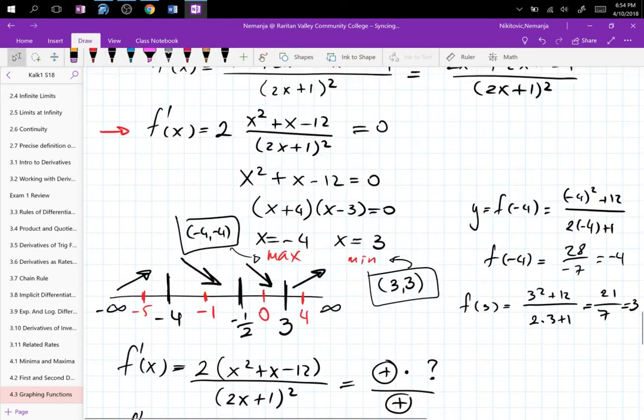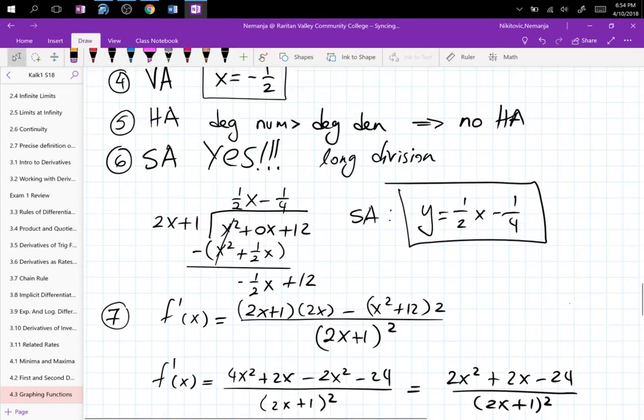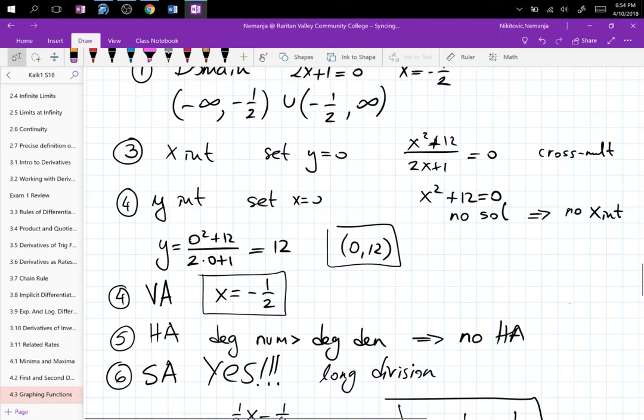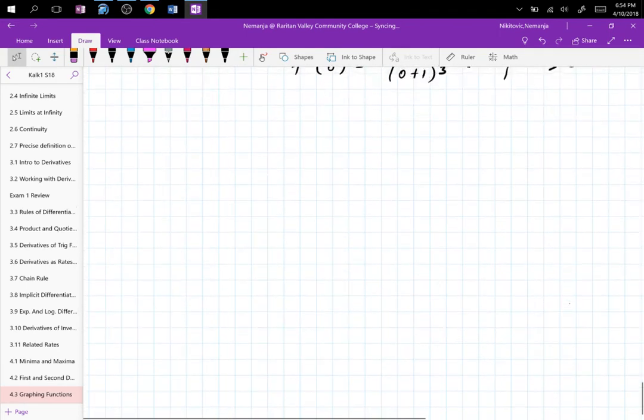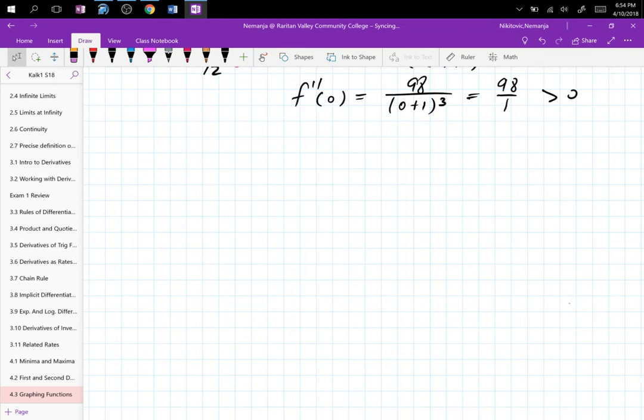What is the highest point and the lowest point? We have a negative 4, we have 12.